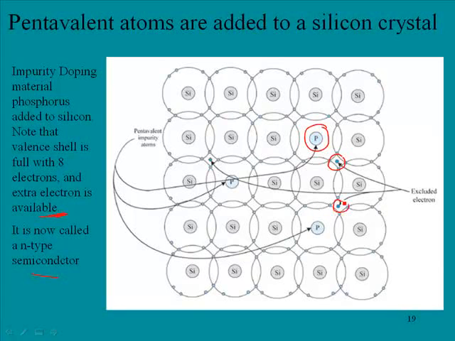And then here's another extra electron, and here's another extra electron. These are all associated with that phosphorus atom that was mixed in, making our nice silicon impure. It's got this phosphorus in it now.